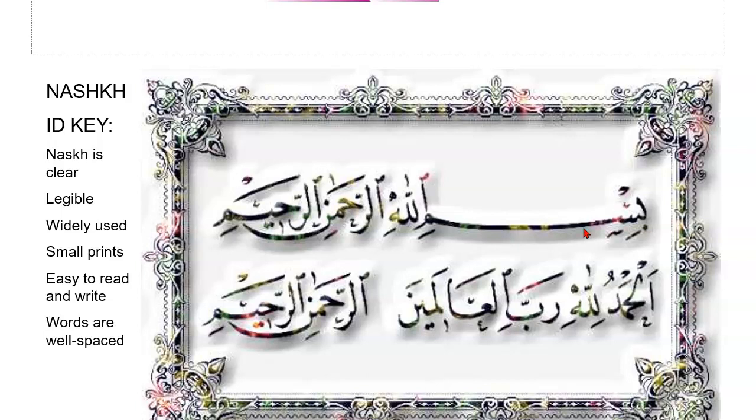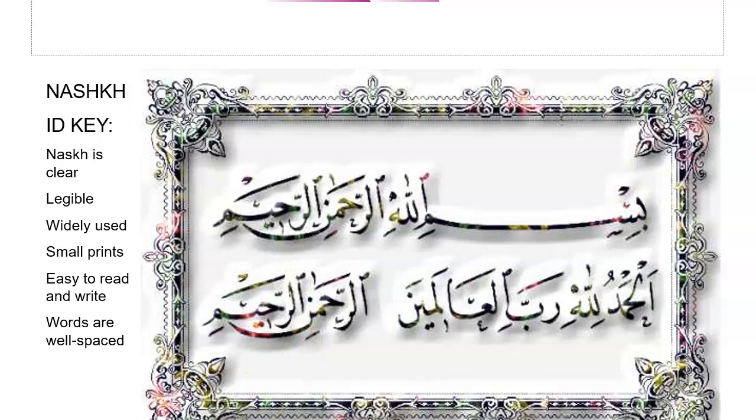But when you look at naskh, it's easier to read, easier on the eyes, takes less surface space, and you could fit more on a page, and it's less likely for you to make a mistake. Words are well spaced. That's the other thing. You could see these words and not make mistakes.